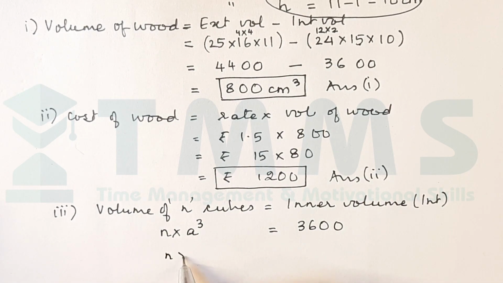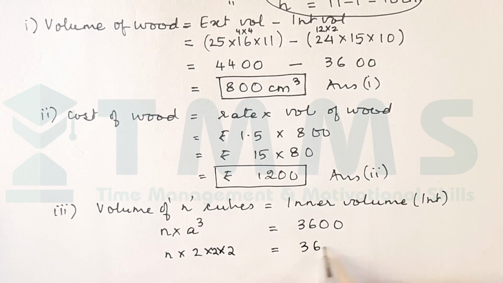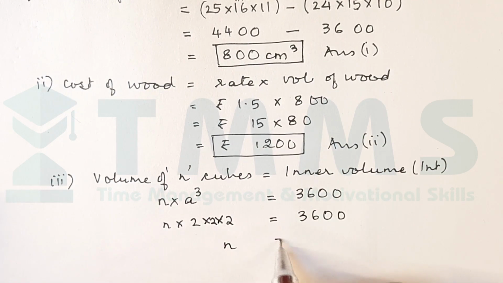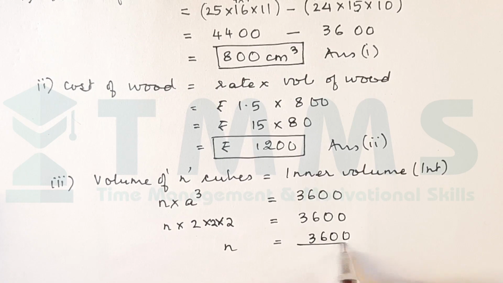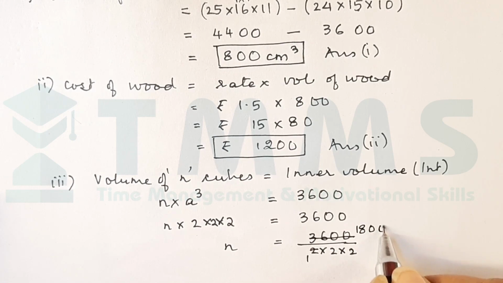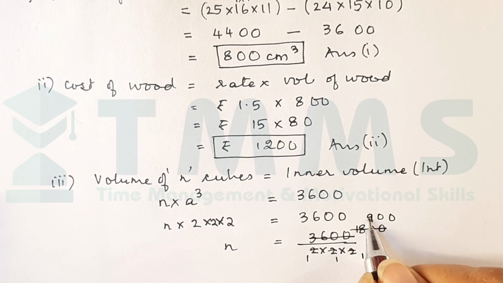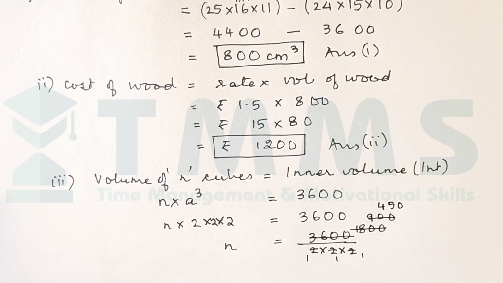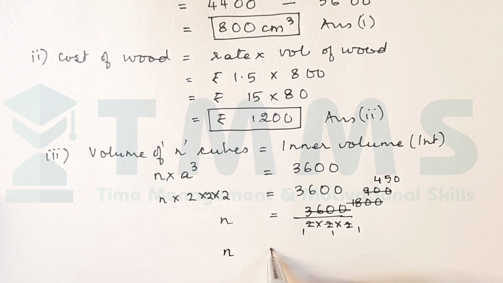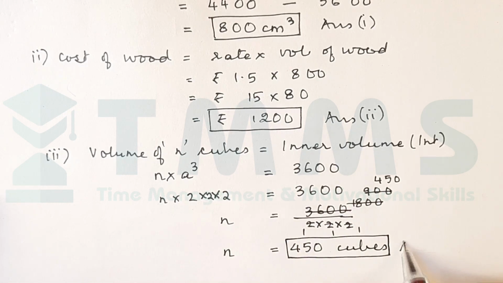Okay, so n multiplied by 2 into 2 into 2 is equal to 3600, and so n will be equal to 3600 upon 2 times 2 times 2. So we will have 2 ones and 2 goes 1800 times. 2 ones and 2 goes here 900 times. 2 ones and 2 goes here 450 times. Okay, so n will be equal to 450. So we have 450 cubes will fit into this box, and that is our answer.